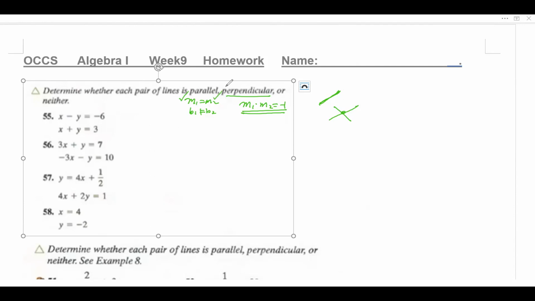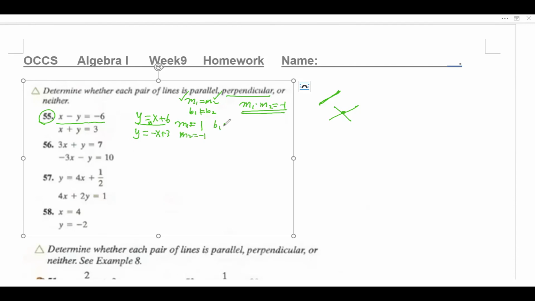Okay, so let's see this one, 55. We can do some transformation, so y equals x plus 6. So the slope is 1, the coefficient in front of x. The second one, y equals -x plus 3, so m2 equals -1.